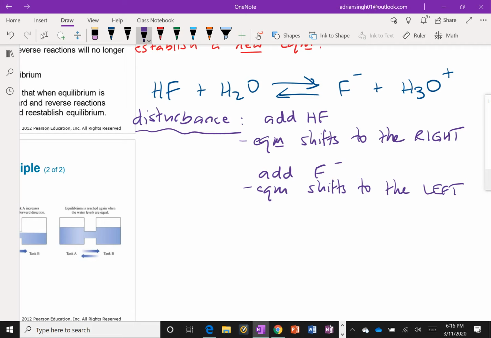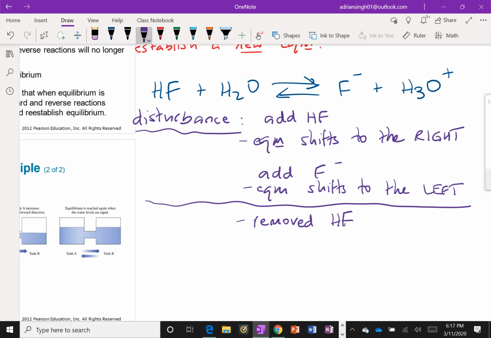All right, what if I change the type of disturbance? Let's say now I removed HF. I take HF away. Take some of this away. How is the equilibrium going to respond to make some more HF, or to replace the HF that you took away?